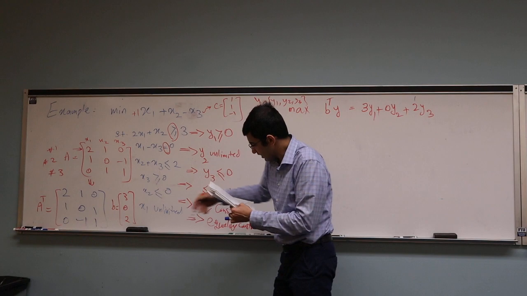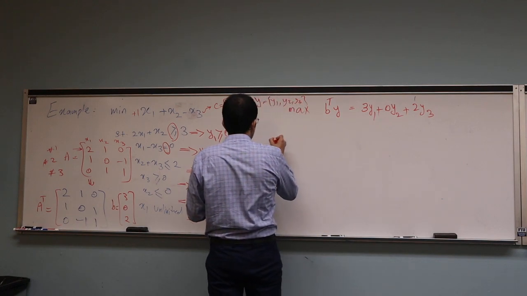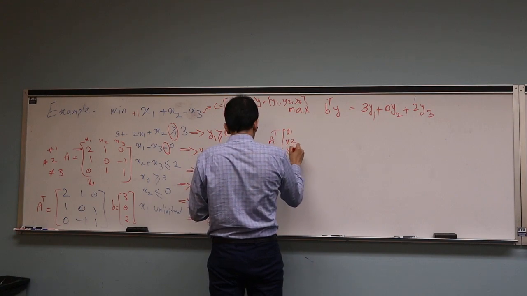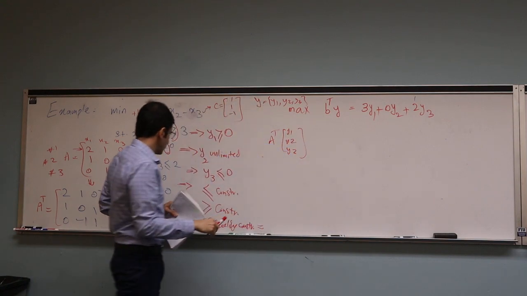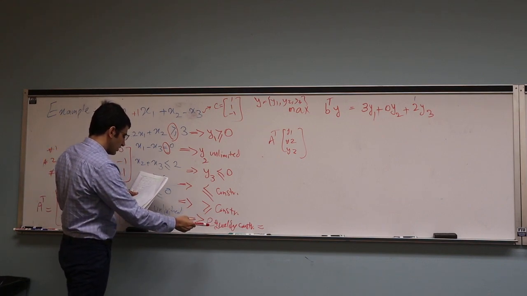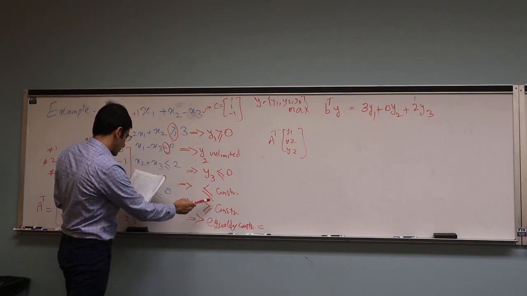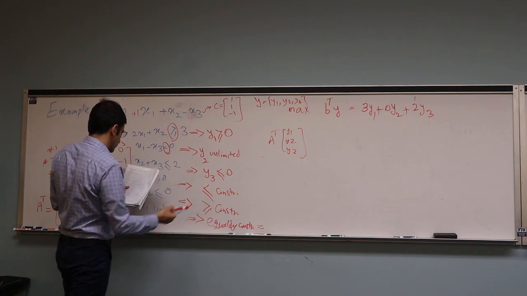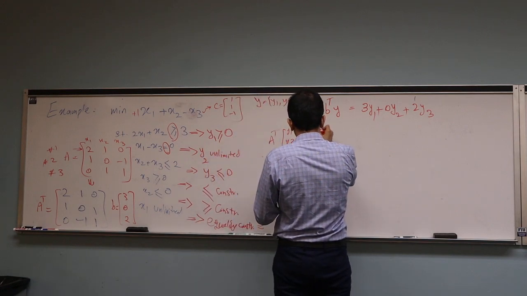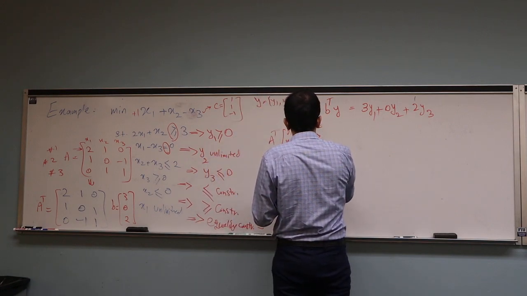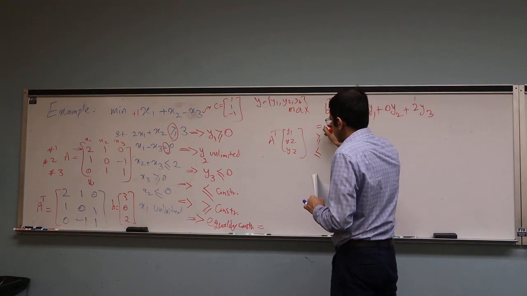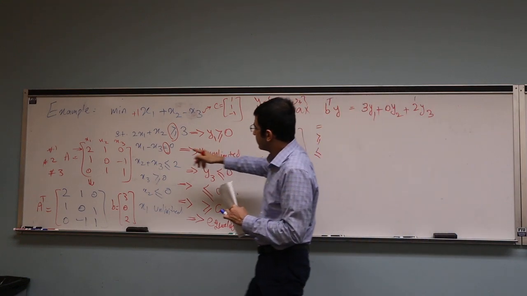And now we have A transpose, so let's multiply A transpose by Y1, Y2, Y3. We already know our constraints. So we will need an equality constraint, we will need greater than or equal to and less than or equal to. Equality, greater than or equal, less than or equal. And this side, it will be C transpose.